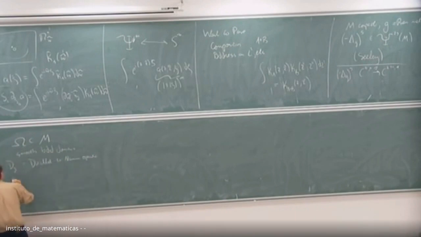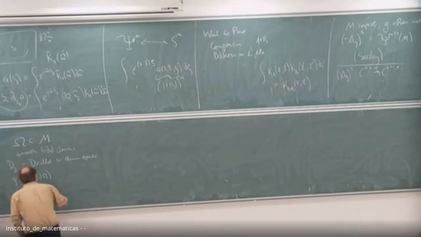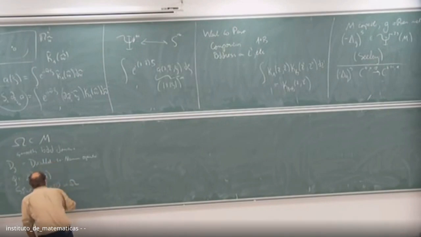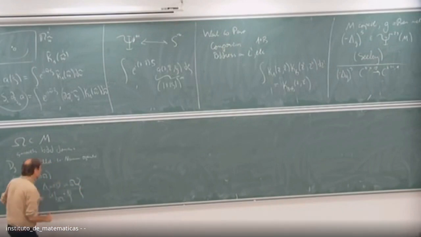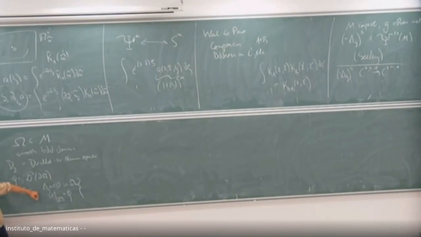And remember how it's defined? If I take a phi on the boundary, suppose I take a phi, which can be a distribution on the boundary of omega. I solve Laplacian sub g of u equals 0 in omega, u restricted to the boundary of omega is equal to phi. There's ways to make sense of this even when phi is a distribution. So it's fine if phi is a distribution, but if it's a smooth function or an L infinity function, that's fine too.